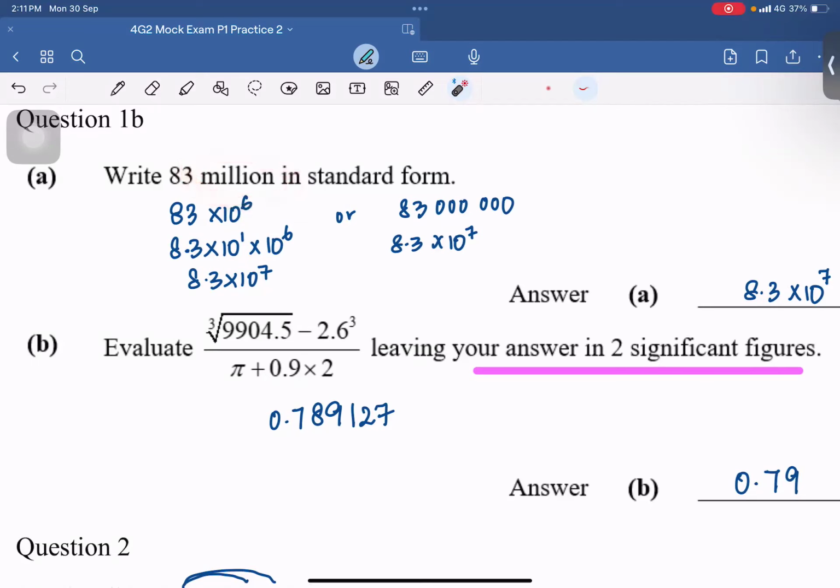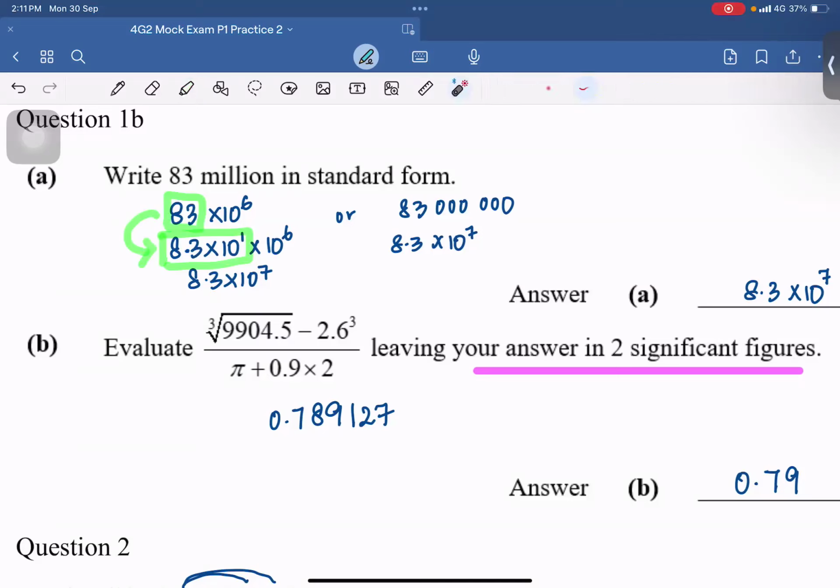Next question, the million in standard form. Million has been commonly tested recently. So million is times 10 to the power 6. But the number 83 is not in standard form, so we need to change 83 to 8.3. But 8.3 times what gives you 83? 8.3 times 10 gives you 83. So the number 83 becomes 8.3 times 10.